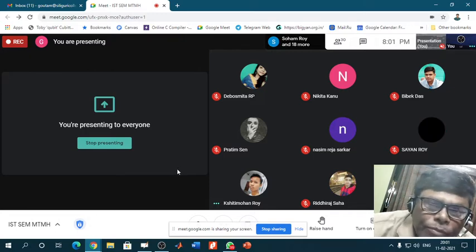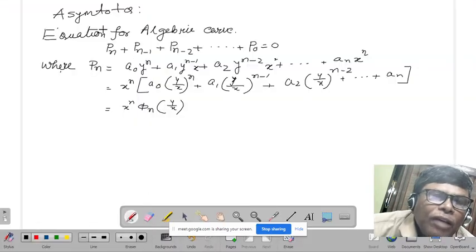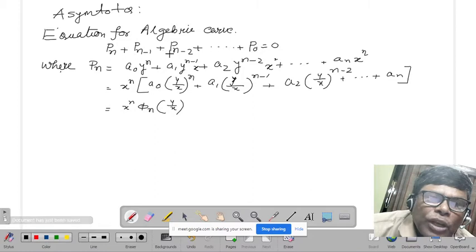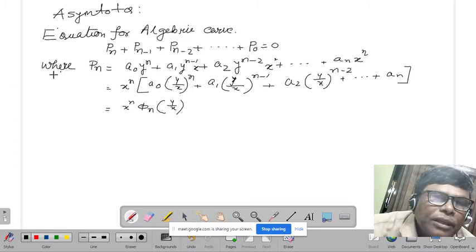Now the general equation of a curve is an nth order equation like this one, equation for an algebraic curve. Okay, this is called an algebraic curve.